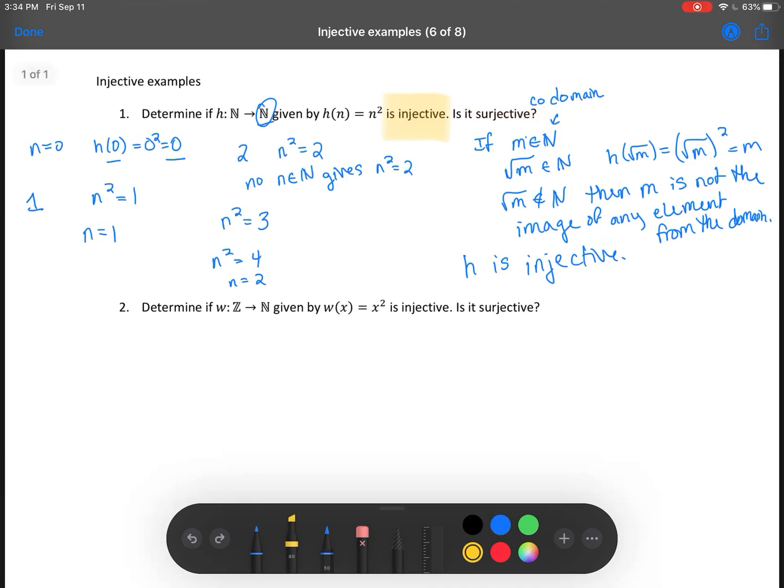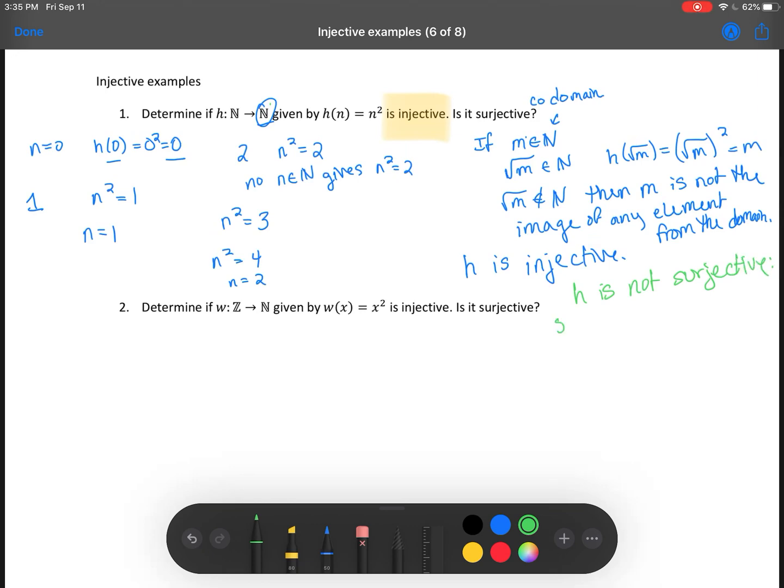We've kind of already touched on this a little bit, because surjective means every element of the codomain, or in other words, every natural number, is the image of something from the domain. And that is not the case because, for instance, we can choose a number that's not a perfect square.